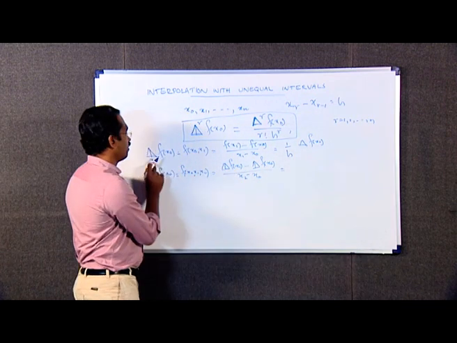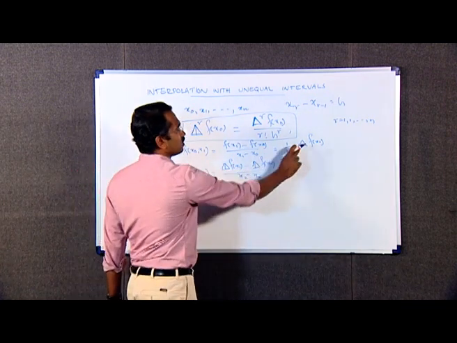Here divided delta f of x0 is 1 by h into delta f of x0.